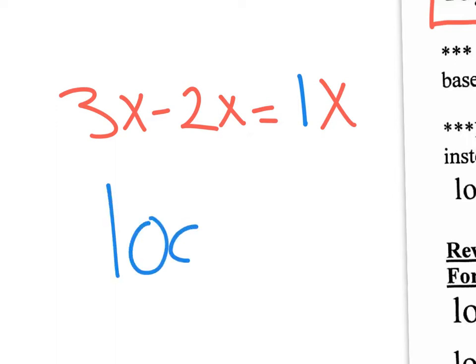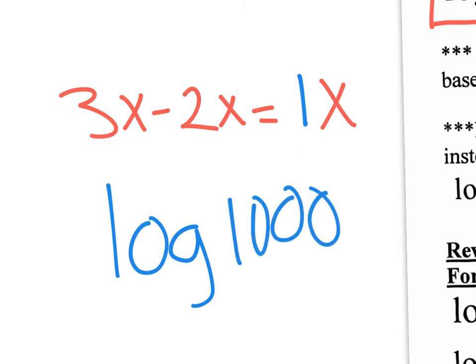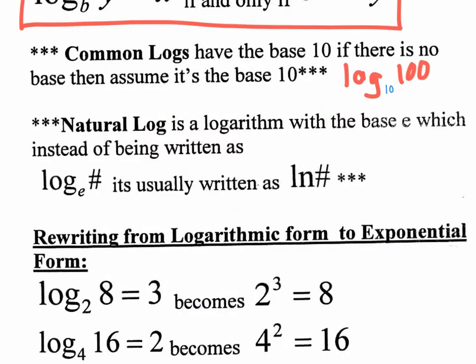Like if you have log 1,000, you could put the 10 down here if you want, but it's not necessary because when you don't have a base, you automatically assume it's a base 10. That's called a common log. So just like up here, you don't need the 1. Down here, you don't need the base 10. But if you want to, you could write it. It's totally fine. Make sense? Yes or no? That's what a common log is.